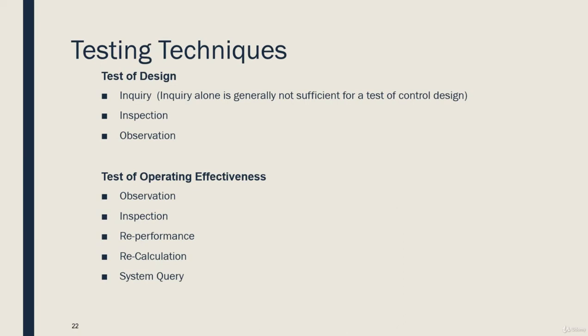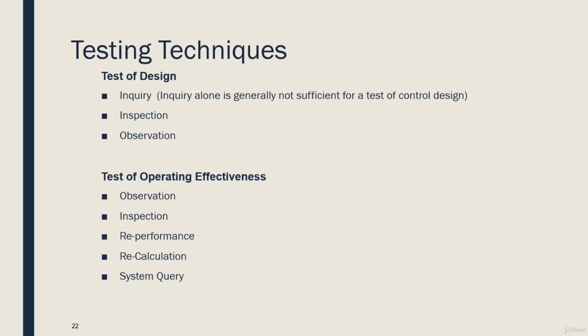Next, let's talk about testing techniques. On the previous slide, I mentioned that there are various methods to perform test of design and test of operating effectiveness. Here are some techniques and methods. For test of design, we typically perform inquiry first, which is the same as asking people questions via an interview. We inspect documents and then we also observe processes.